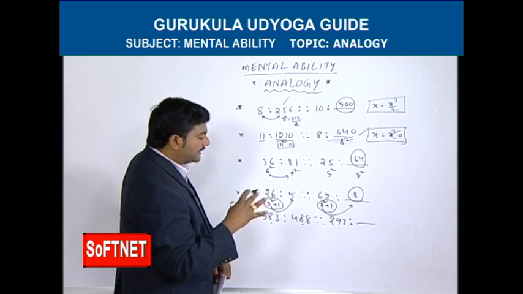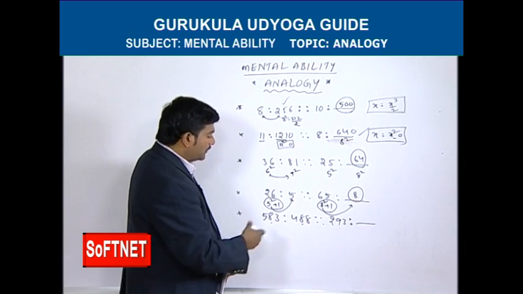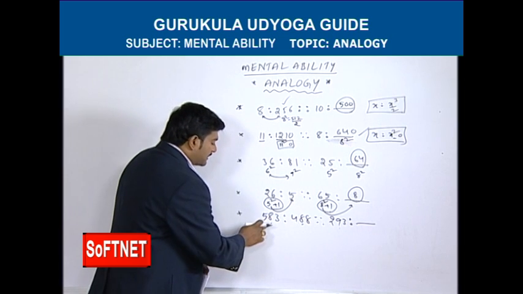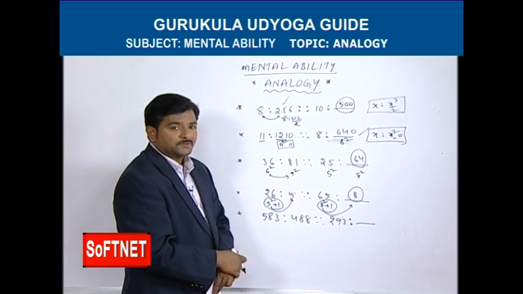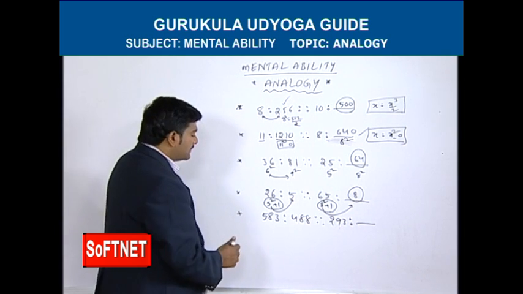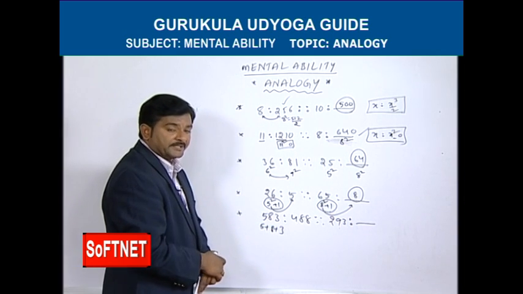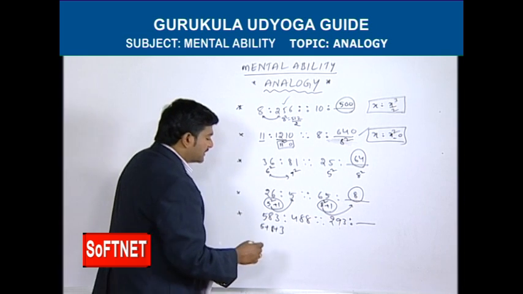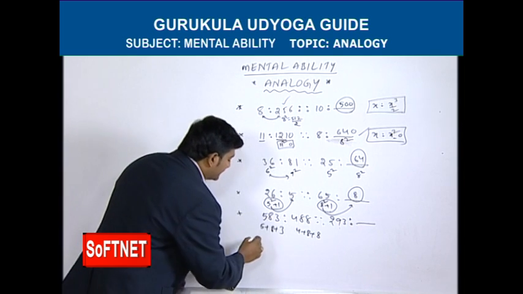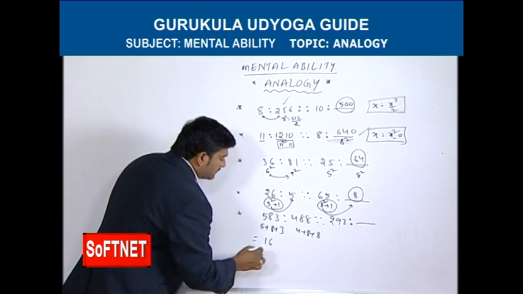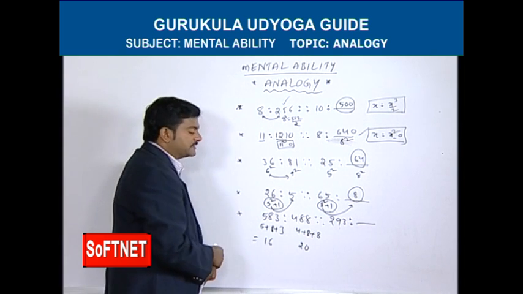If you didn't get any idea, now one more way of doing this question. Let's find the sum of the digits in the given number. Here 5 plus 8 plus 3, and similarly 4 plus 8 plus 8. 5 plus 8 plus 3, I am getting 16. 4 plus 8 plus 8, I am getting 20.